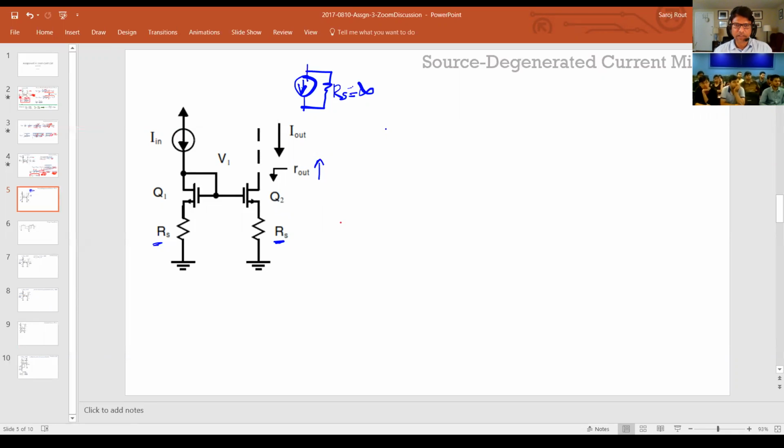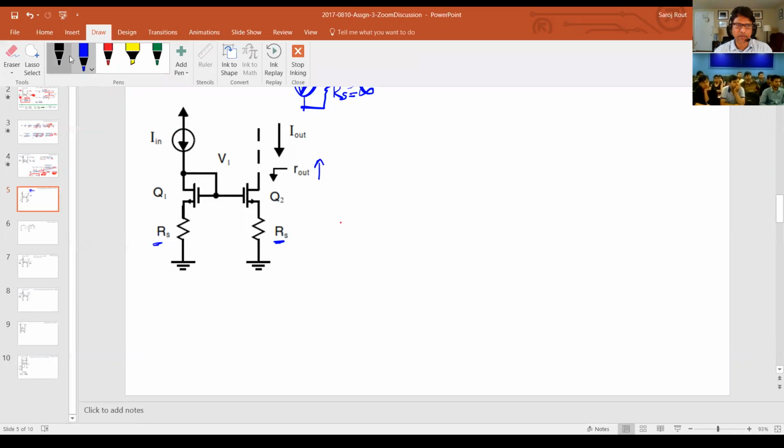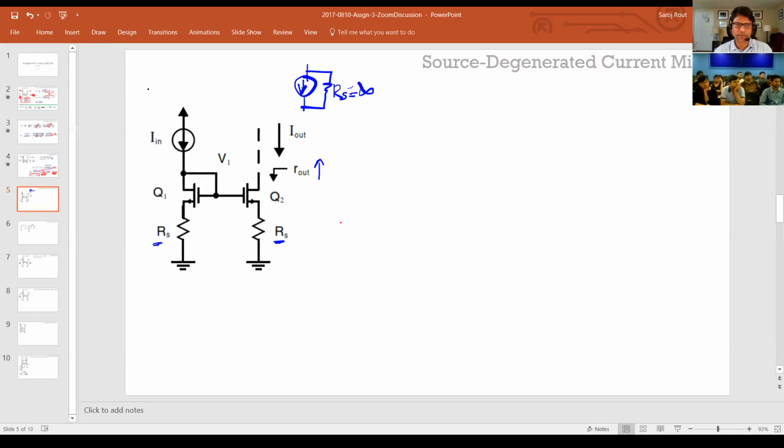Okay, now before I show the small signal output impedance, why the output impedance is enhanced, I'll just quickly go through the large signal model. Now, just to show you that if these two transistors are exactly the same, so if Q1 is exactly the same and RS are the same, then this current which is flowing out should be equal to IN.